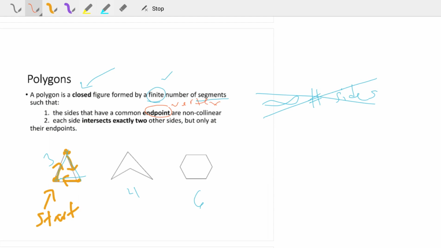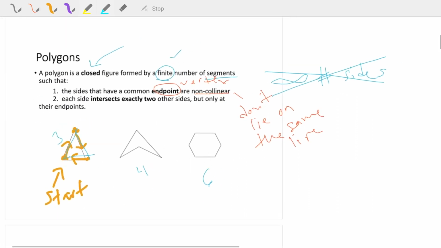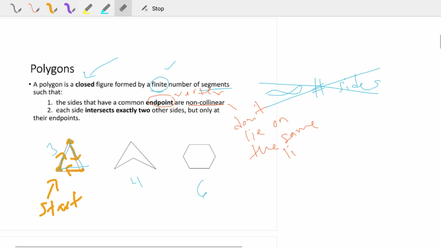So the sides have a common endpoint and they are non-collinear. All that means is that they don't lie on the same line. I'll show you an example of where this wouldn't work. Sorry, that should say line, for those of you that need it.